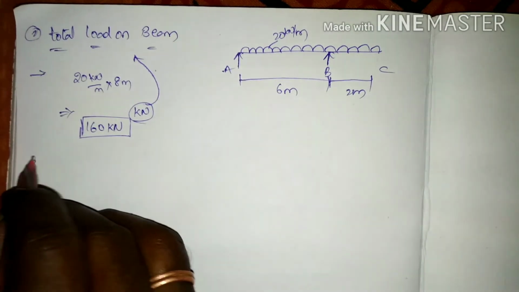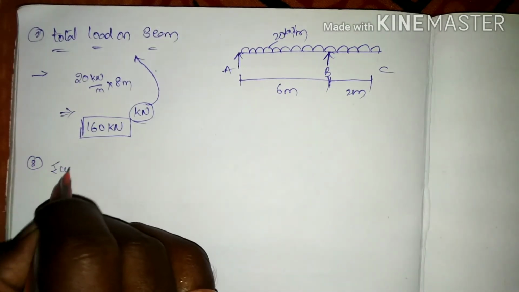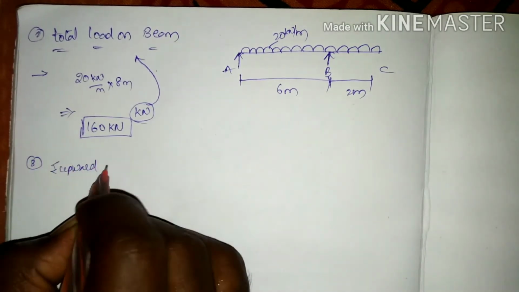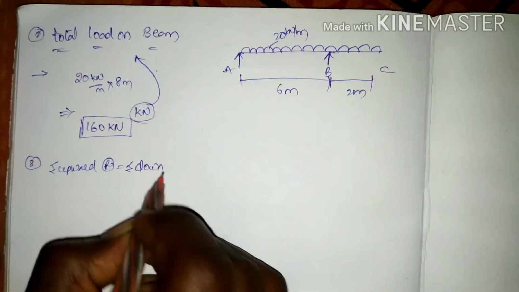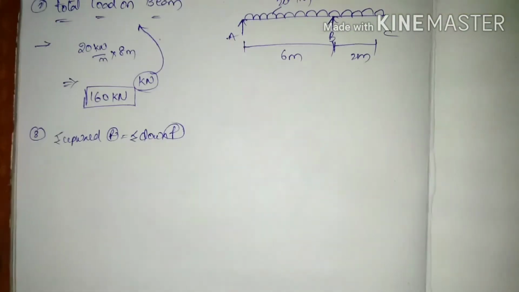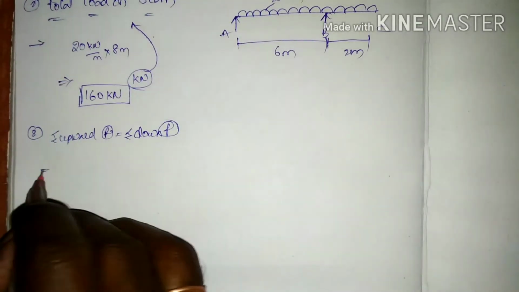Number 3, summation of upward reactions is equal to downward forces.